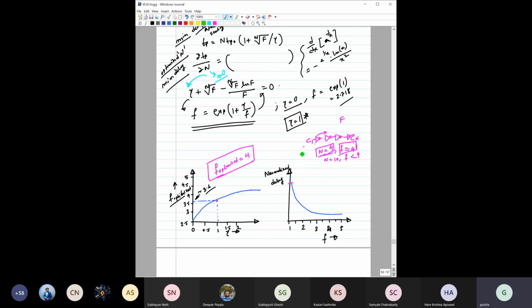The intention of showing this is that if you take f equal to 4, or 3.5, or 4.5, or even 5, or even f equal to 3, the dependence of propagation delay for this range of f is not that significant. So for this range you can choose any value of f. However, try to keep f as close as possible to 4. Is this clear to you?